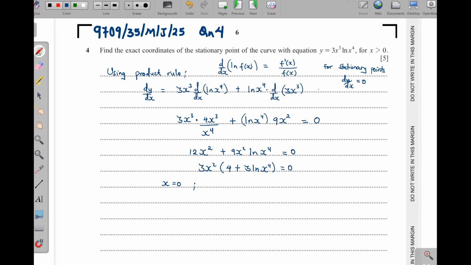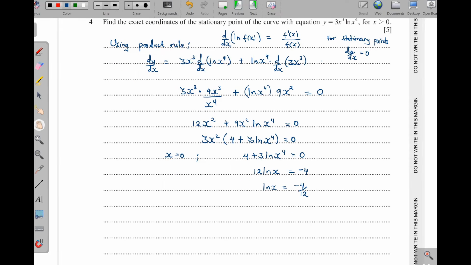Then another one, I can get this one here, 4 plus 3 natural log of x^4 is equal to 0. Now, using rules of logarithms, I can have this one come back here. In other words, I can have that 12 natural log of x, and then I can take this on the other side, it becomes a negative, meaning natural log of x is going to be negative 4 out of 12, which is a third.